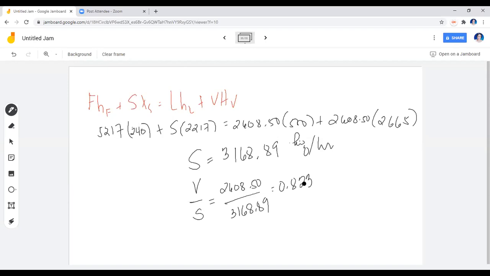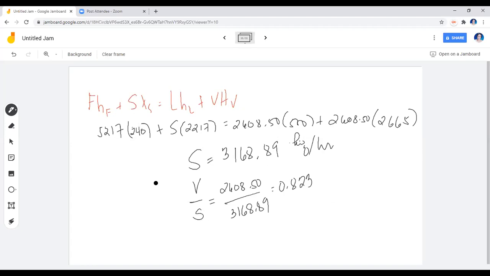0.823. When do you know that your evaporator was designed efficiently, or it's economical in terms of the use of energy and in terms of the amount of water it vaporizes per unit amount of energy that is being used? An evaporator is already efficient if its economy is 60% or higher. In our case, our steam economy is 0.823.